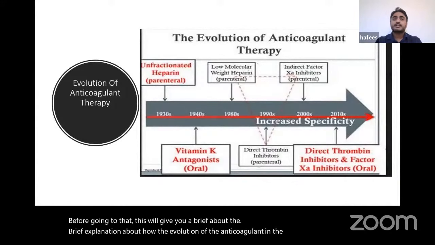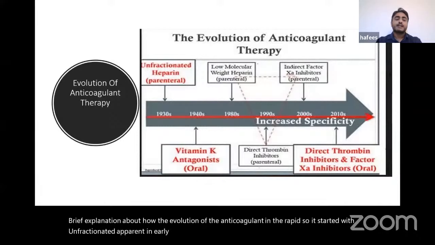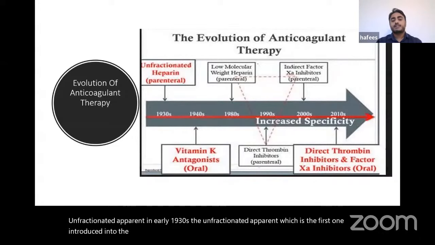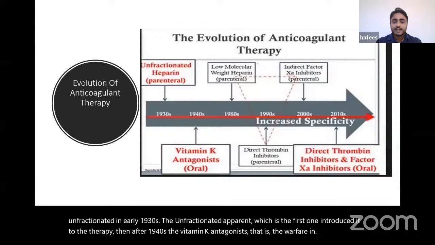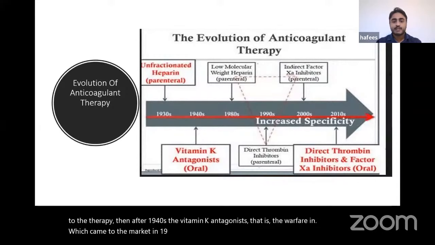So it started with unfractionated heparin in the early 1930s, which is the first one introduced into therapy. Then in the 1940s, the vitamin K antagonist, warfarin, was discovered, and it came to the market in the 1950s for therapeutic use.